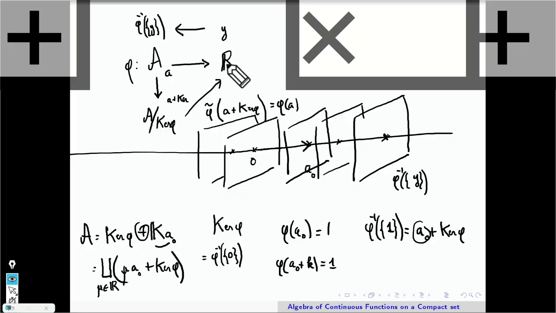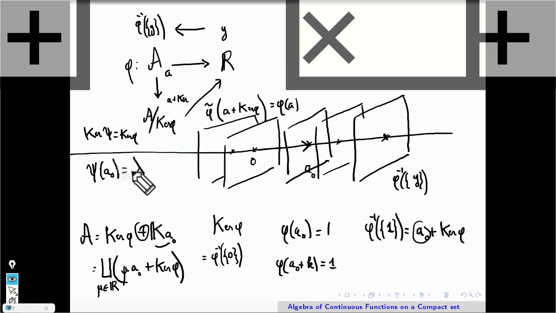So now the question is, what happens if I have another linear map psi that has the same kernel? So kernel of psi equals kernel of phi, and in fact it will give rise to the same partition of A. So algebraically we just write that this gives a certain value.